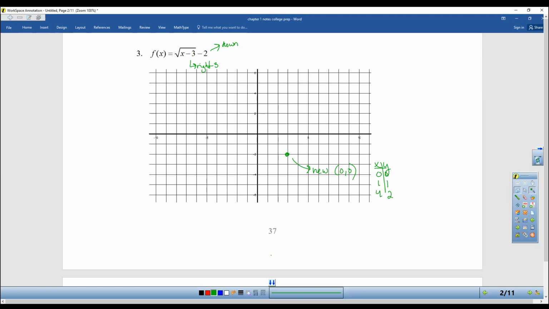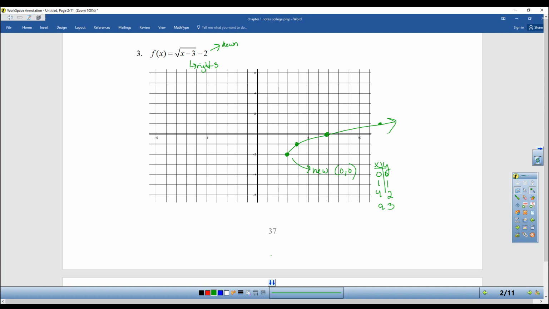Those are your square root points. And if you can, 9, 3, can I go out to 9? 1, 2, 3, 4, 5, 6, 7, 8. Not quite, but it would be somewhere out there. So it looks like this.